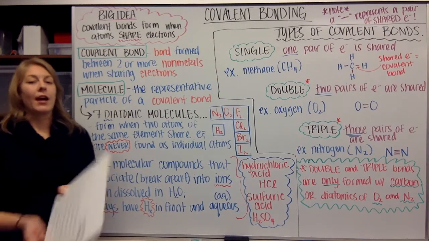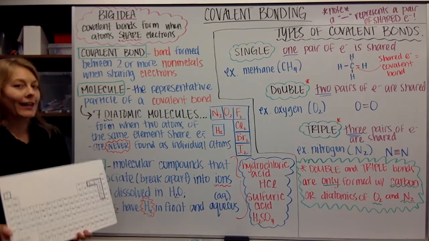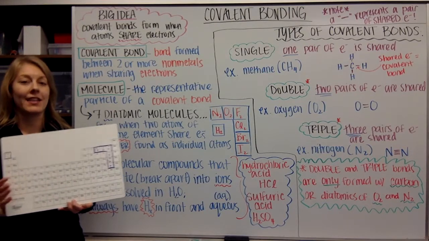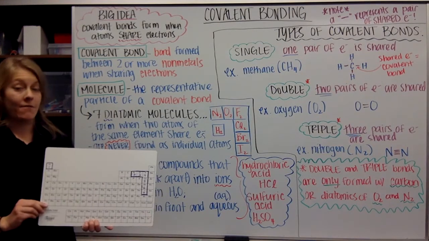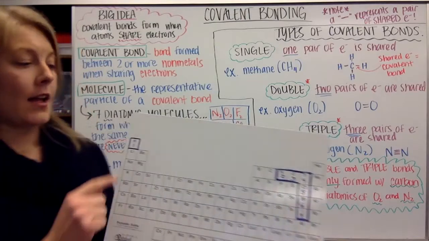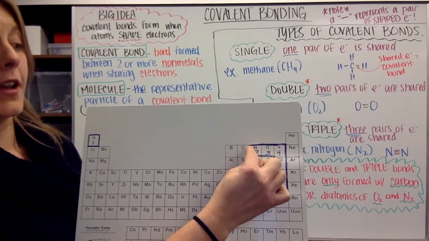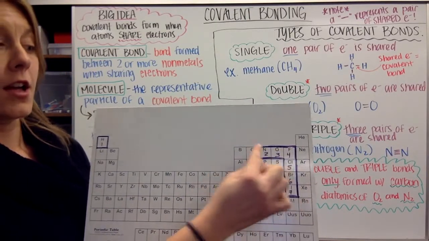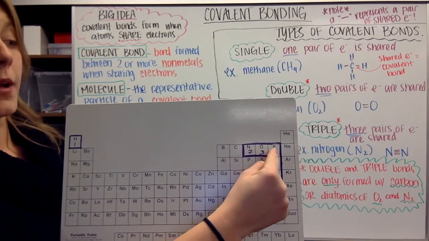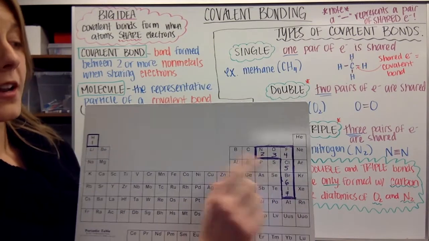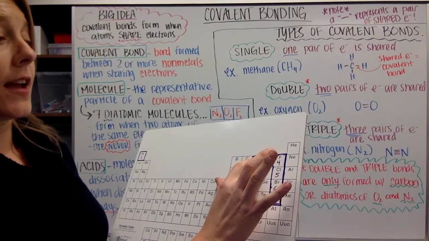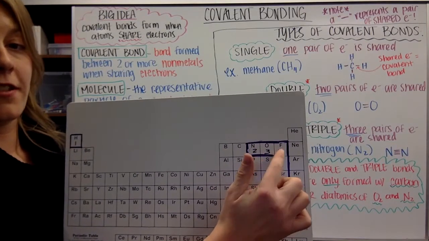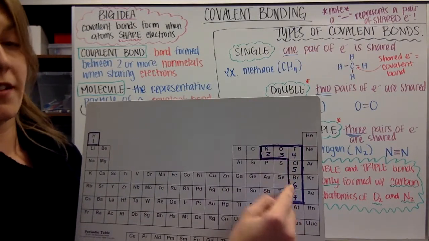Now, if we look at the periodic table, these are great to identify on the periodic table. Remember that there's 7 of them, hydrogen and the other 6 right here. Notice that these form a 7. I numbered these just so you could count 1, 2, 3, 4, 5, 6, 7.